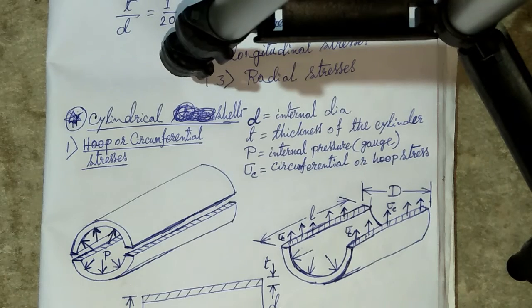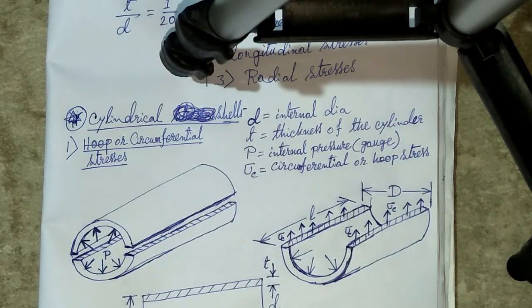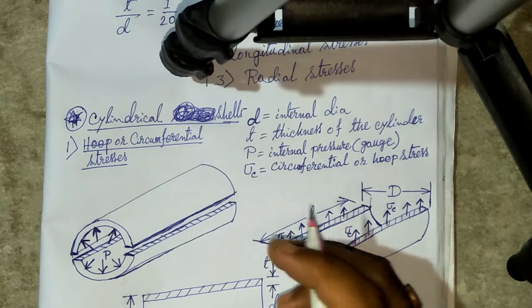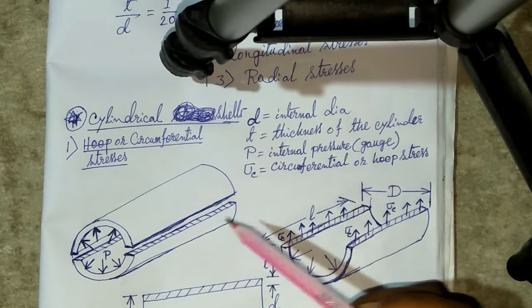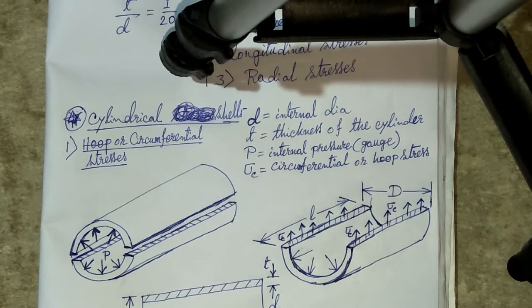Now, in case of cylindrical shells, the first stress we have to calculate is the hoop stress or circumferential stress. So let's see what the hoop stress or circumferential stress is.